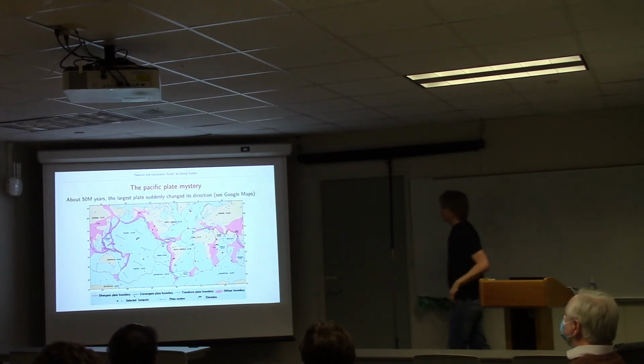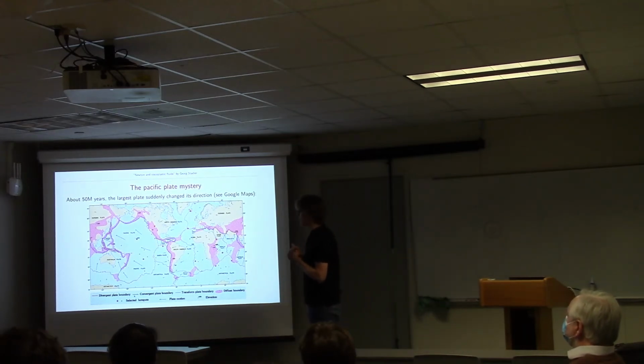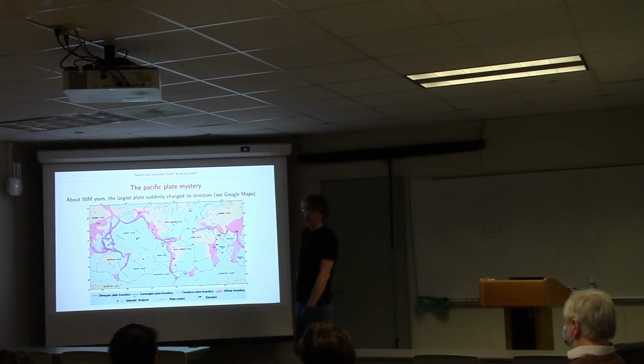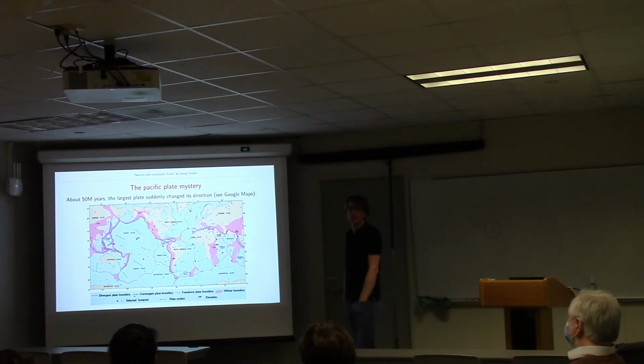We know very well what these plates did historically, how they moved over the last hundred million years, and we can go quite far back. Maybe you've seen this; you can see how these things move.